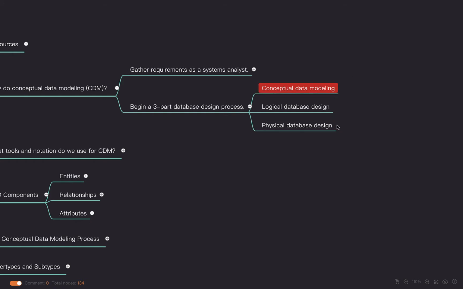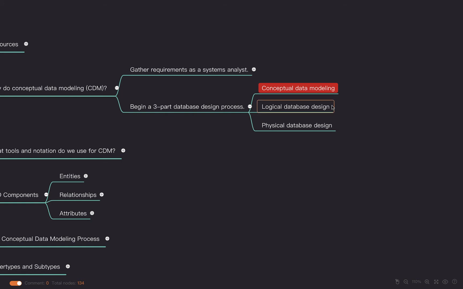One reason that we do it in three parts is that each of the parts gets more specific and detailed. You can do a conceptual data model, and then you could decide to do a relational database, or you could decide to do a NoSQL database. You could decide to do some other kind of data store altogether. Okay.